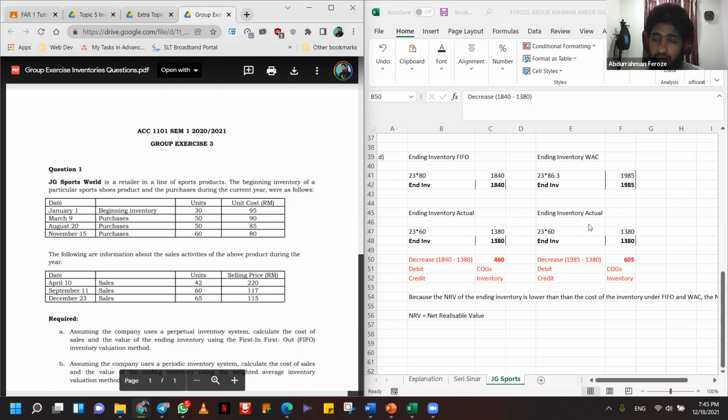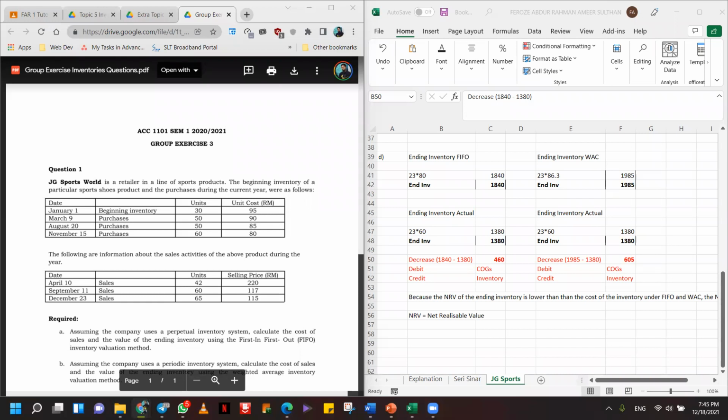What do I mean by what? Physical stock take.